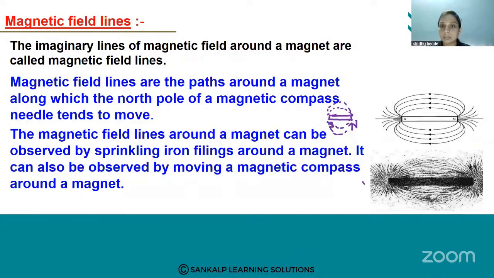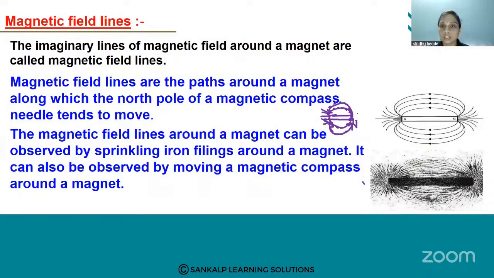Then what are magnetic field lines? It is nothing but when you join all these dotted points, you get one imaginary line. Some imaginary lines are generated due to the magnetic field. This is also generated near this pole.